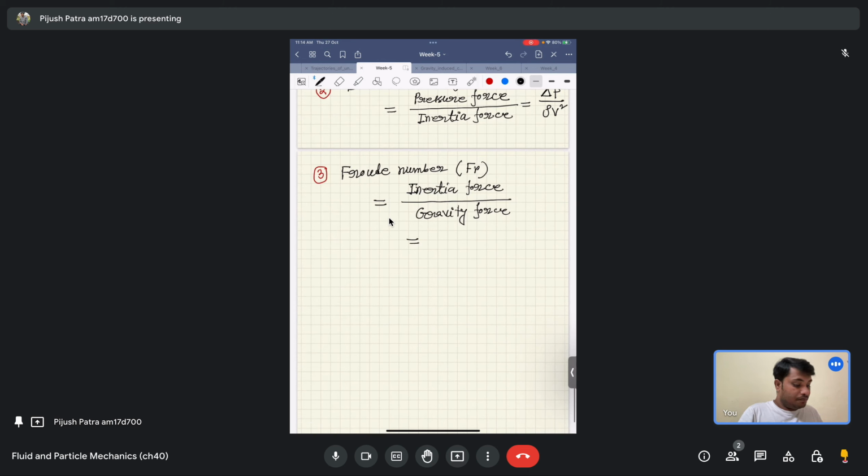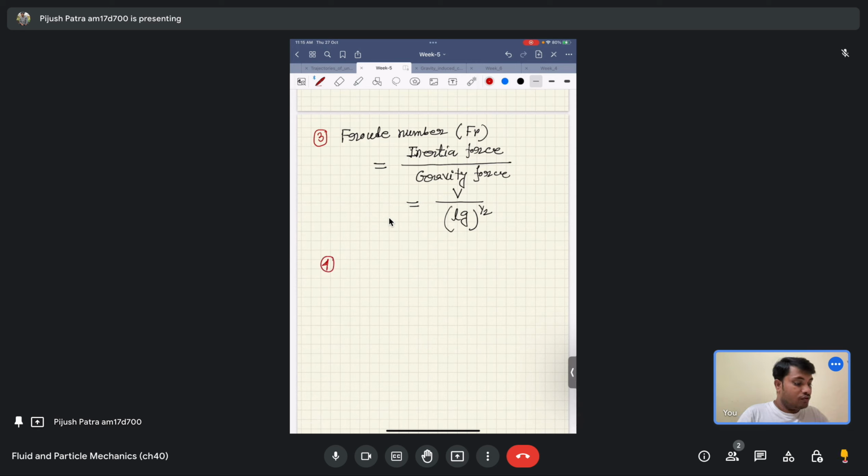In terms of symbols, this is V divided by (L into G) the whole raised to half, where V is the velocity, L is the characteristic length scale, and G is the acceleration due to gravity.